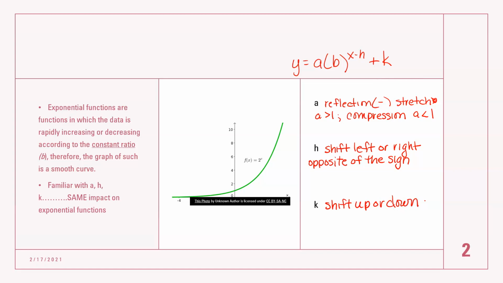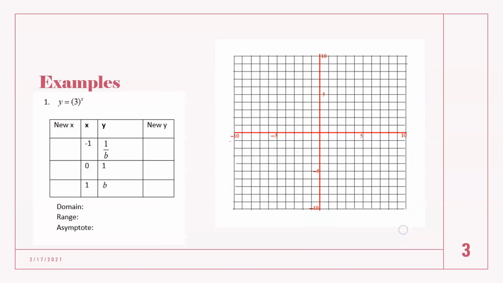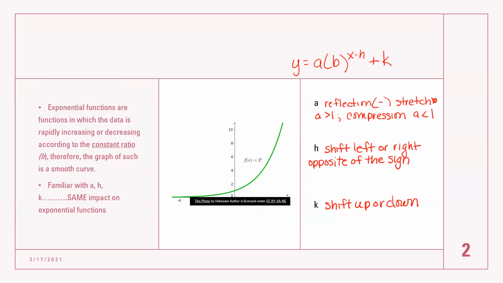Okay, so there is one more word that we need to talk about, and I don't think I wrote it down anywhere. It's asymptote. That's a line that the function gets closer and closer and closer to, but never touches. So again, that's a line that the function infinitely approaches, but never touches.